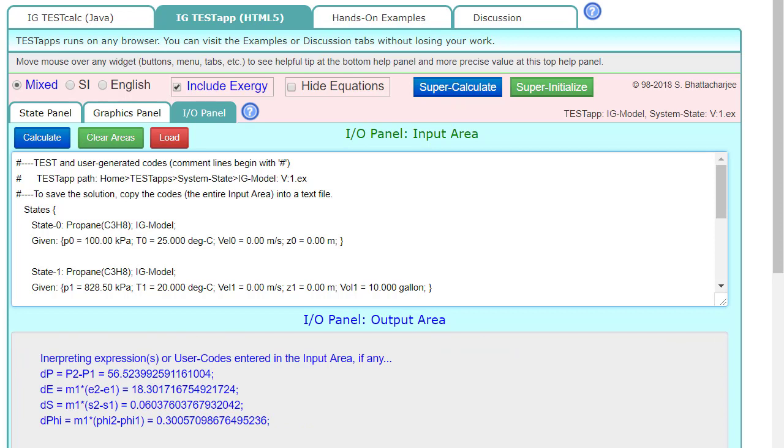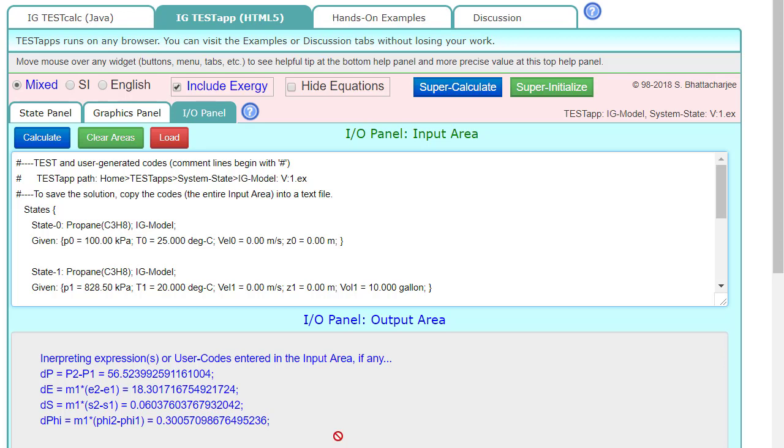And there's our answers. So we get about 56 kPa pressure change, 18 kilojoules for the stored energy change, 0.06 for the change in entropy, and 0.3 for the change in stored exergy. So that's pretty similar to the PG model, but a little different. And they're both pretty far from the PC model.